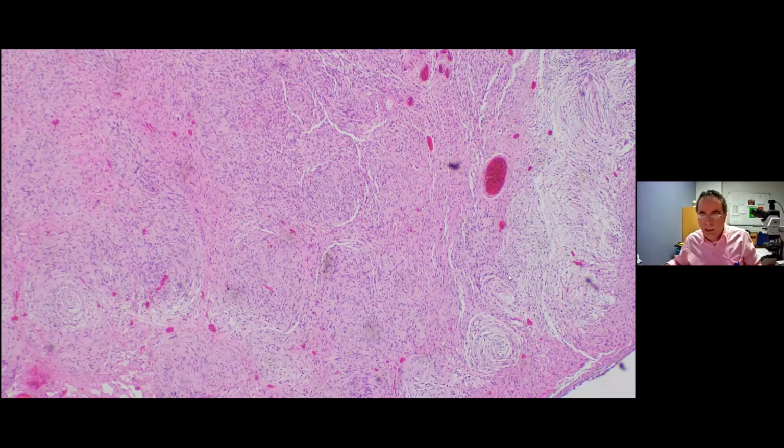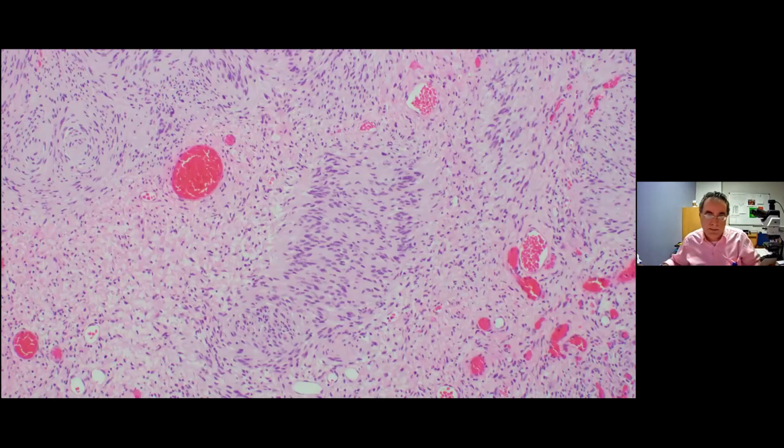Okay, so this is the tumor. At low magnification, it's a solid tumor in this particular area. You can appreciate the presence of what we call a plexiform or nodular growth pattern. In younger people, when we see plexiform growth pattern in a neurofibroma or a schwannoma, this one is a schwannoma, we always think of neurofibromatosis, but I don't think this is the case here.